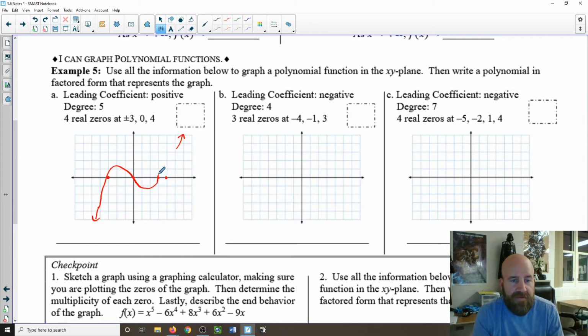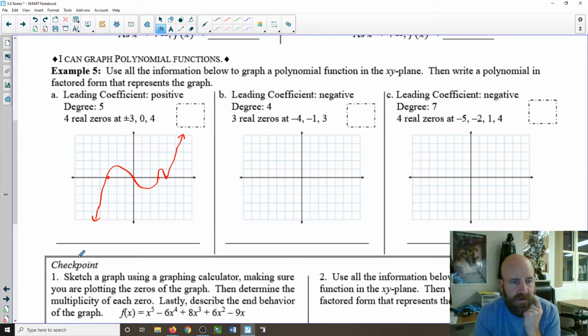So right now we're at 3 zeros because we're passing through 3 of them. So now I'm hitting this one and bouncing back up because we can count that as 2 of those. So there should be a total of 5 because of our degree 5. All right, and you could really choose any one of those zeros that would work that way. Just make sure it bounces off correctly.